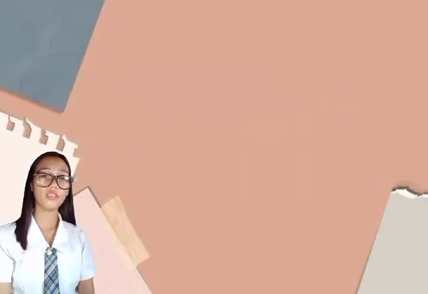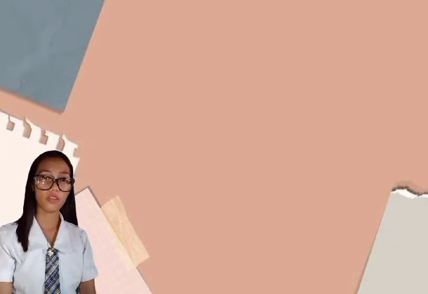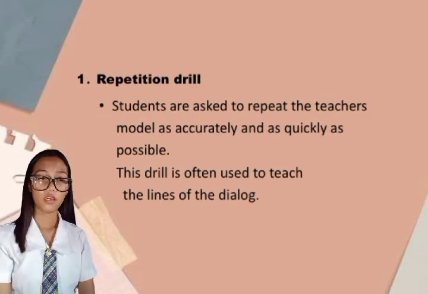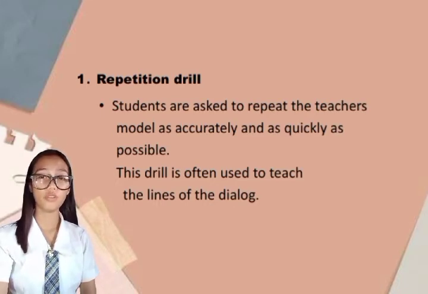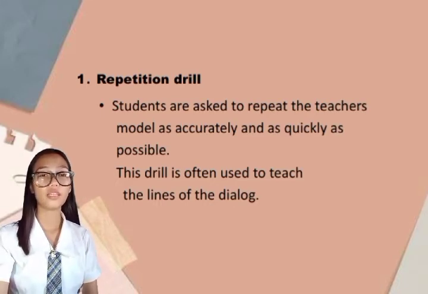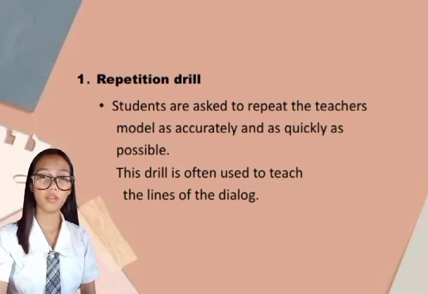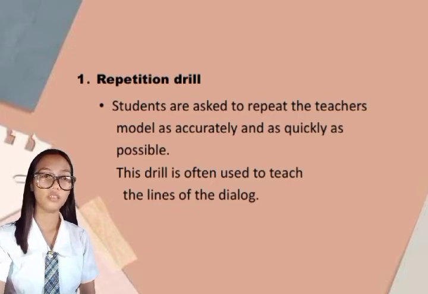These are the example patterns used in the audiolingual method. First, repetition drill. In a repetition drill, students are asked to repeat the teacher's model as accurately and as quickly as possible. This drill is often used to teach the lines of the dialogue.